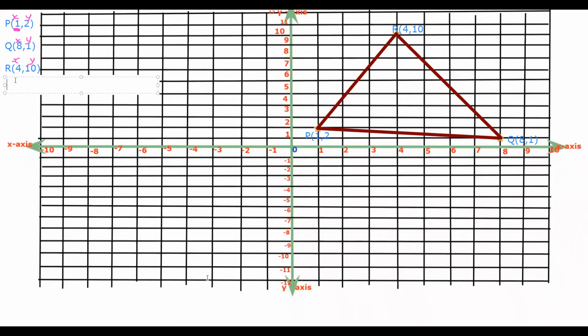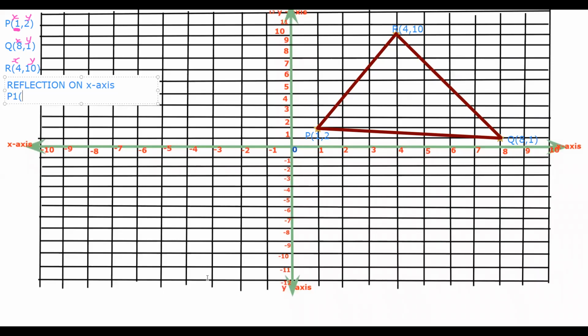So, reflection on X axis. Which means that you protect all the X coordinates. So our new point for point P here will be P1.